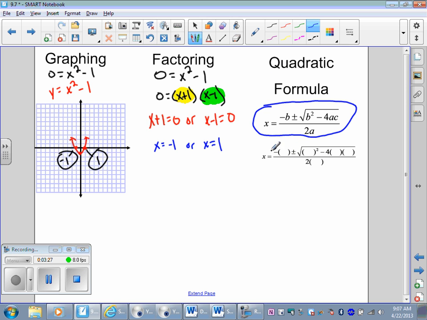So, if we're looking at this thing right here, what is the value of A? Well, A is 1. What's B? B is 0. What's C? C is -1. Therefore, you could just plug these in. What goes here? 0, 0, 1, -1, and 1. And if you evaluated that, you would get these 2 answers again. So that's a quick review of the 3 methods we've already been using to solve a quadratic equation. And today we're going to learn a 4th, called taking the square roots.